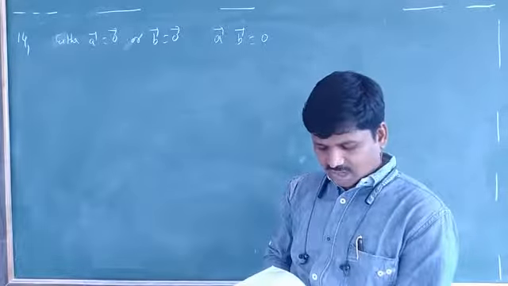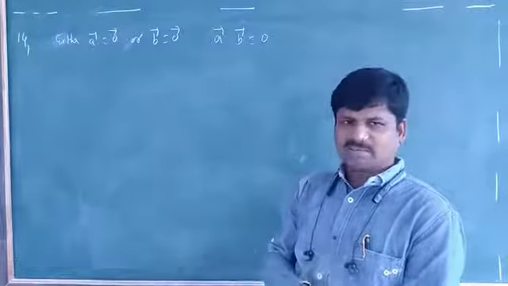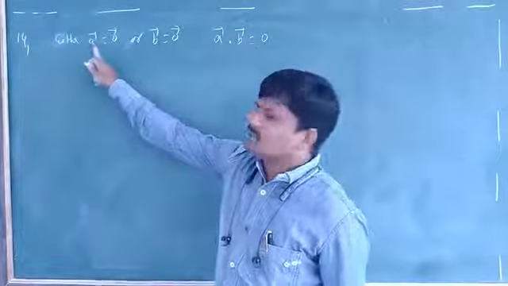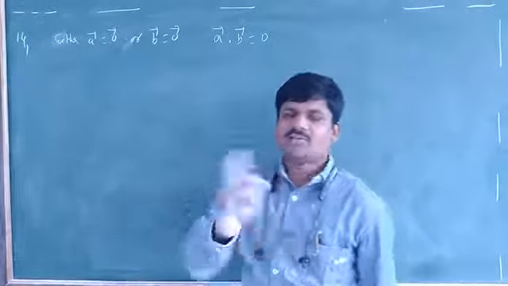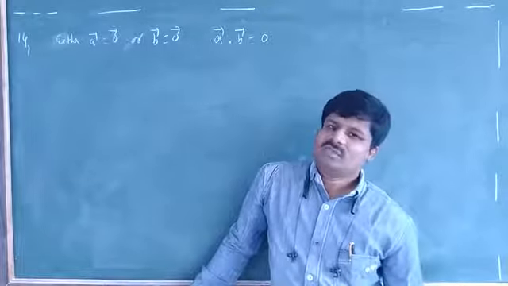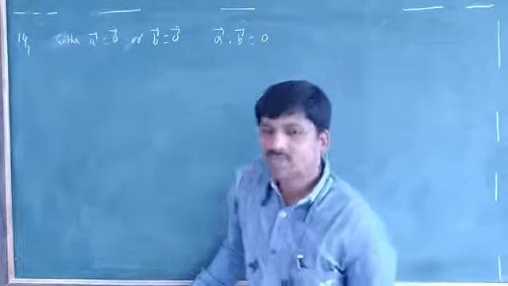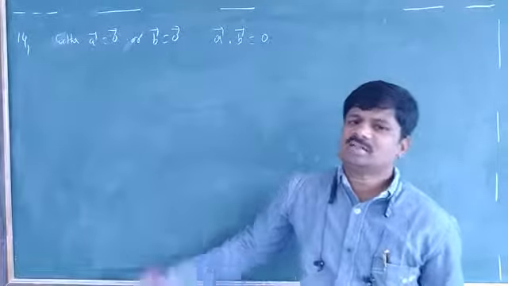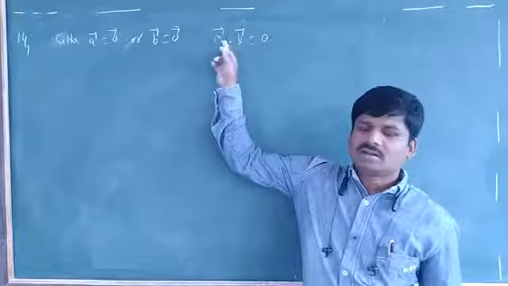But the converse need not be true. Justify your answer with an example. What is the meaning of this? A bar is a 0 vector or B bar is a 0 vector, then their dot product A bar dot B bar is equal to 0.